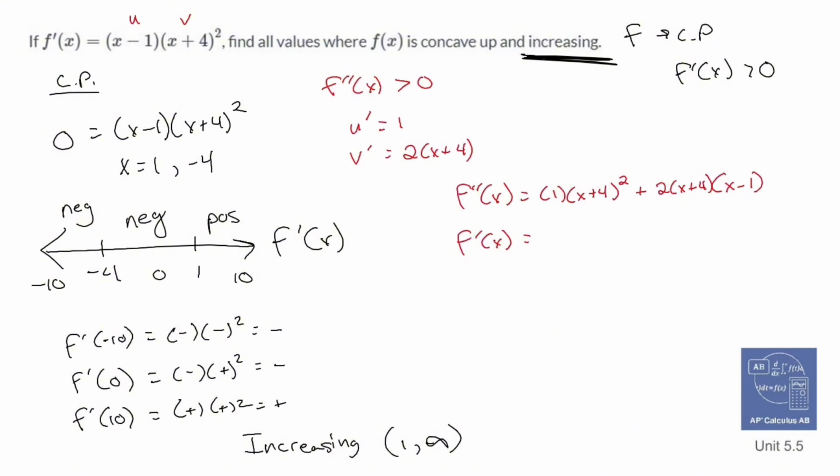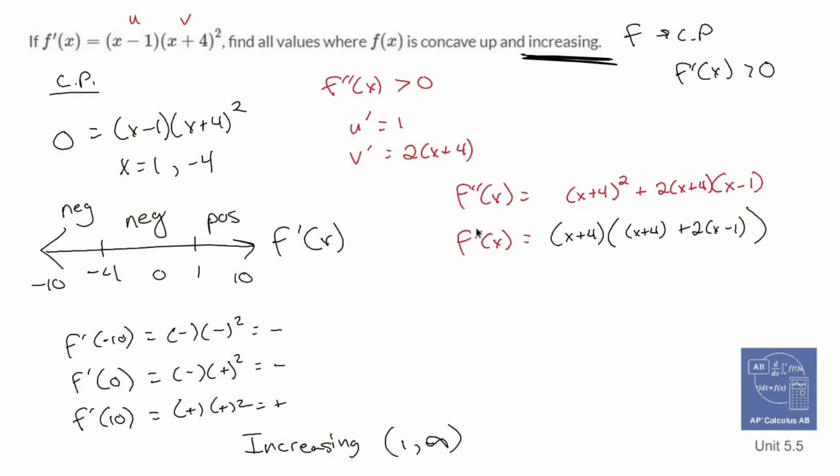Unless I want to do this instead. Watch what I do. This is me thinking outside the box. I have an x plus 4 in common with both, so let's pull it out. x plus 4. That leaves me with an x plus 4 here and a 2 times x minus 1.